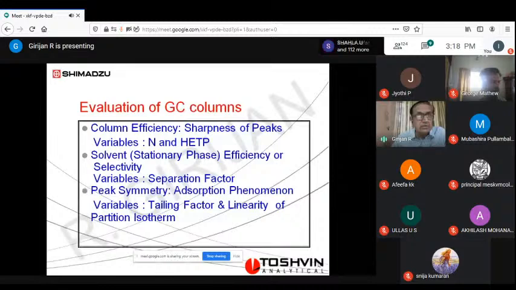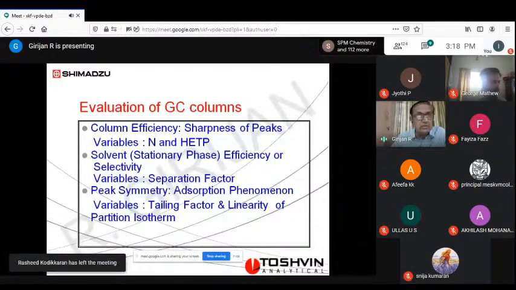And there is a variable N value, capital N. It is known as the number of theoretical plates. Or there is another parameter, HETP, height equivalent to one theoretical plate. These are the variables we actually use to define the column efficiency. There are certain calculations also, but I'm not going into those because time will not permit me.